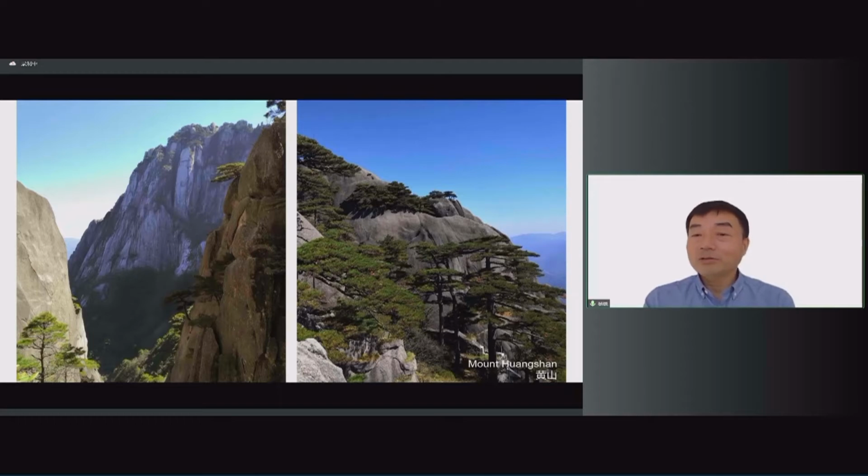But if you have a chance to visit Mount Huangshan, you don't need to visit the 5 great mountains. So you could see the beauty of this mountain. We were invited to develop the general management plan for Mount Huangshan in the beginning of the 2000s.